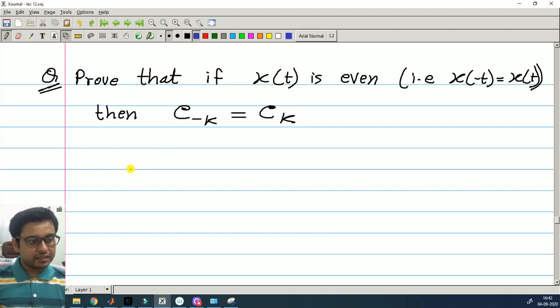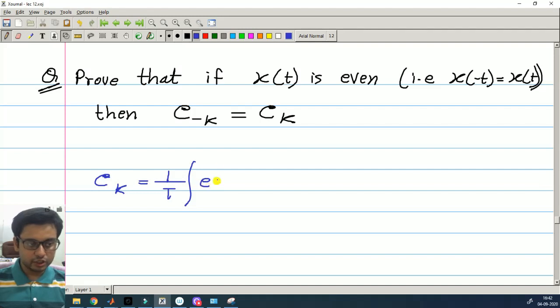To prove that, let us first write c k equal to 1 over T integration x(t) e to the power minus j omega k t dt over a complete cycle.